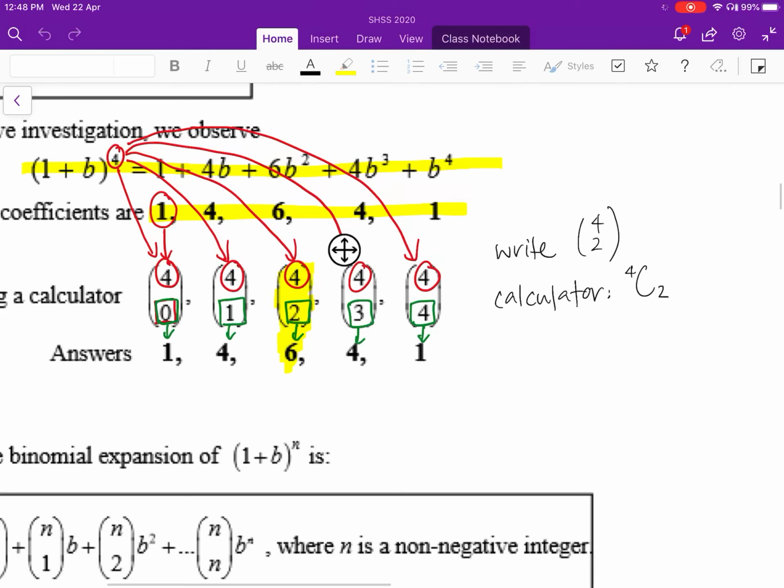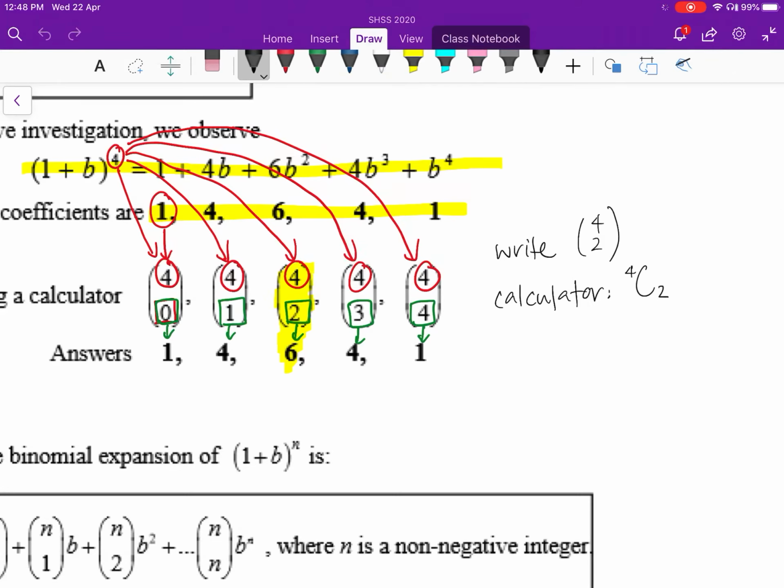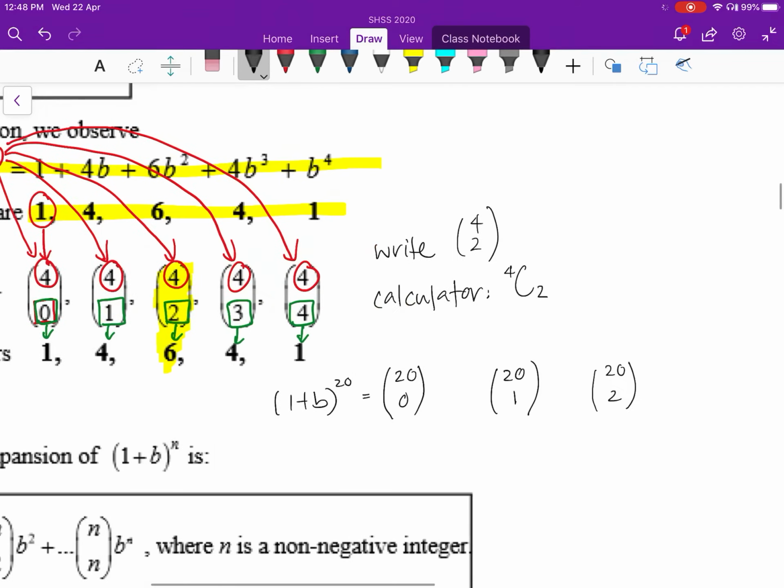So if we really want to know the coefficients of (1 + b) to the power of 20, we can do that. We start with 20C0 first, then the second one will be 20C1, then the third one will be 20C2, and so on.